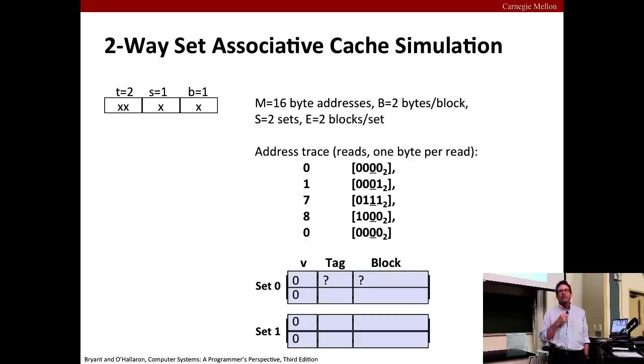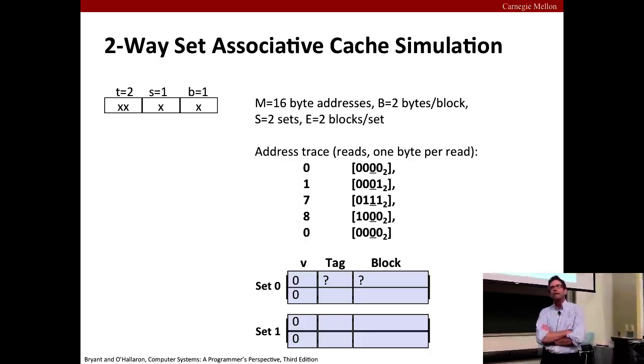Okay. Yes. For a set with multiple lines, when there's a miss, how does it choose which line to overwrite? That's the replacement policy. So the question is, when there are multiple lines in a set, how does it determine which to overwrite? And that was the previous question. Maybe I should have repeated it. So you try to pick a line that was least recently used.